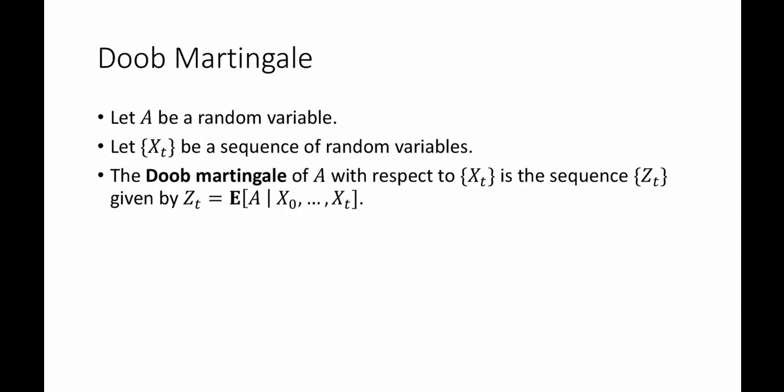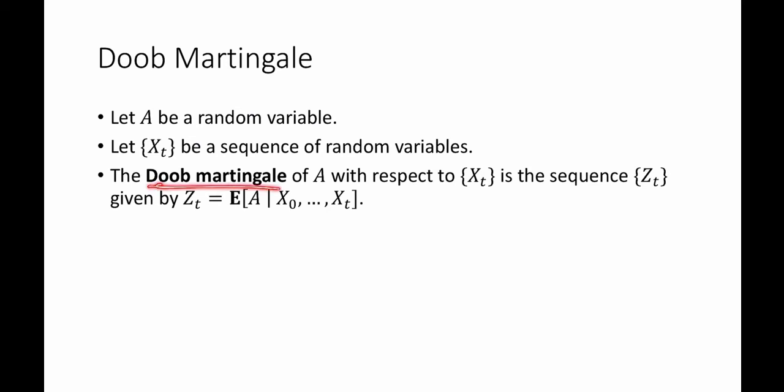One reason that martingales are a useful concept is that we can obtain a martingale from basically any real-valued random variable. This is called the Doob Martingale. To see how this works, let a be a random variable, and suppose that x sub t is a sequence of random variables defined over the same probability space as a. That is, it makes sense to say things like the expectation of a conditioned on the xt's.